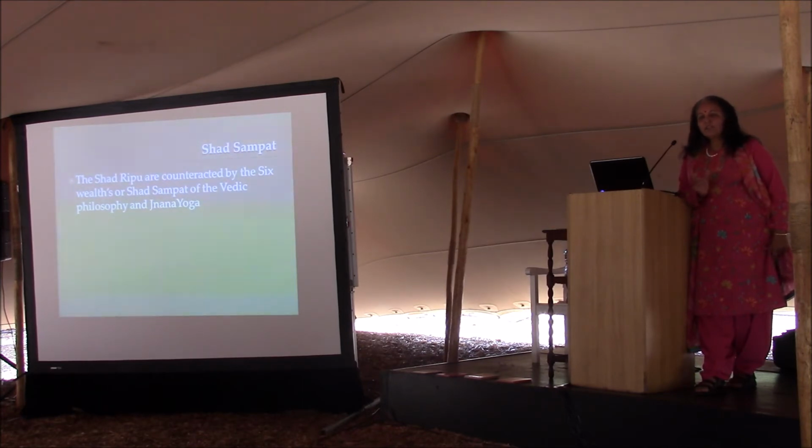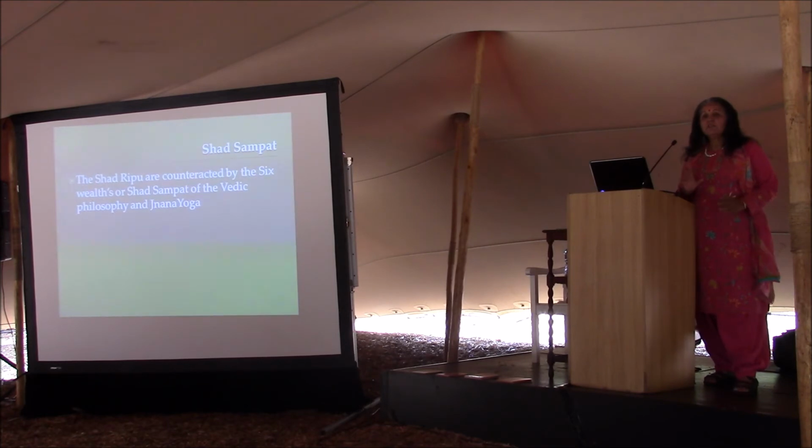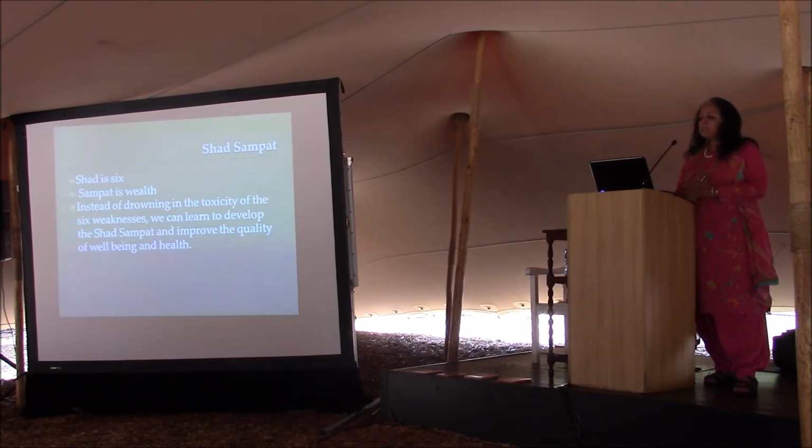So in the yoga of knowledge, there's this concept of Shad Sampat. Shad means six, Sampat is wealth. Instead of drowning in the toxicity of the six weaknesses, we can learn to develop the Shad Sampat and improve the quality of well-being and health.